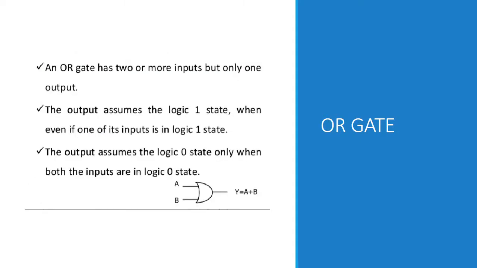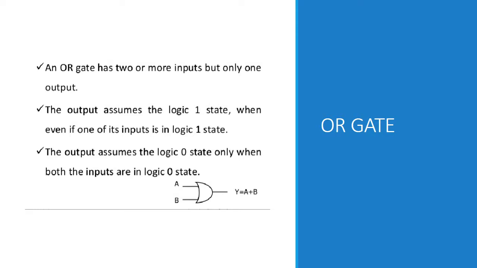Next, consider OR gate. An OR gate has 2 or more inputs but only one output. The output assumes the logic 1 state when even if one of its inputs is in logic 1 state. It means that if any of the inputs of OR gate is 1, its output will be 1.